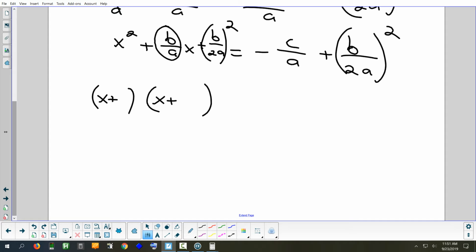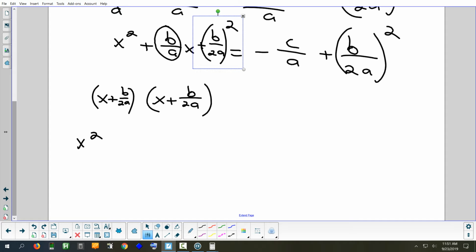Can anyone tell me two things you can multiply together that are the same to get b over 2a squared? Yeah, b over 2a. Let's check it.